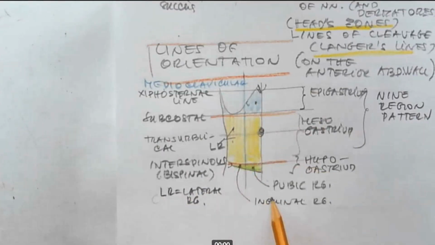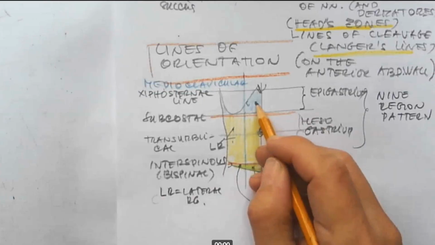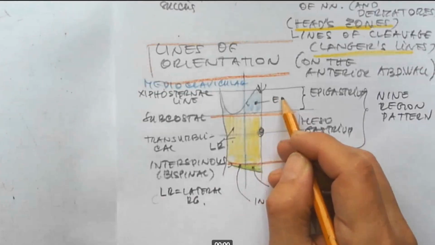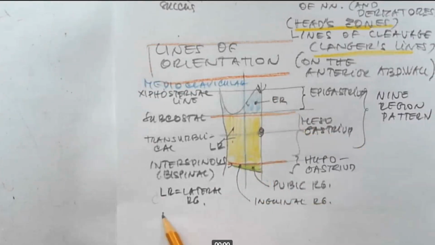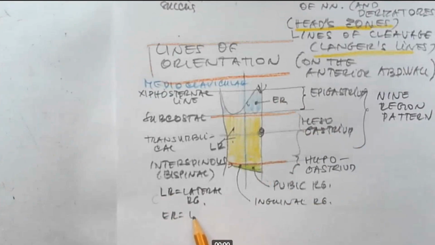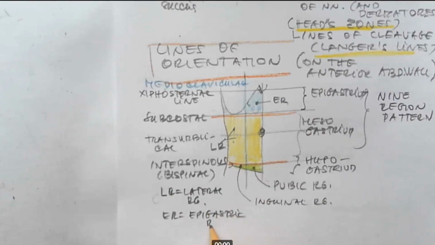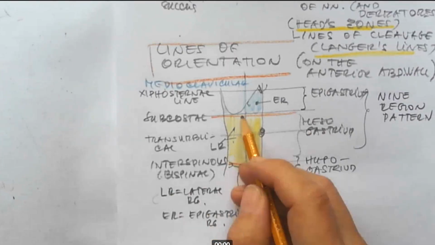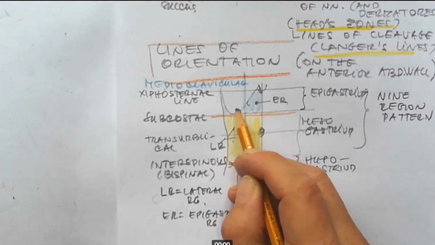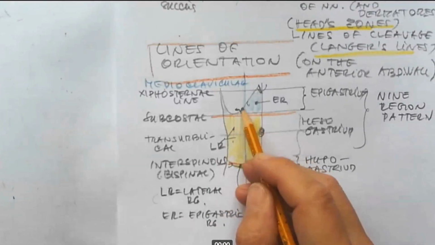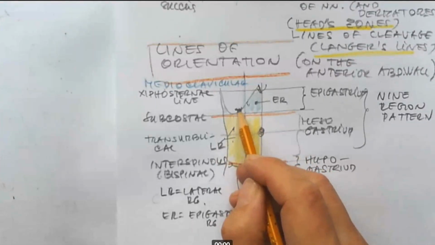That one, light blue, bluish, is the epigastric region, ER. Epigastric, important for the stomach, the position of the stomach. And laterally, here, not lateral, is called hypochondriac.